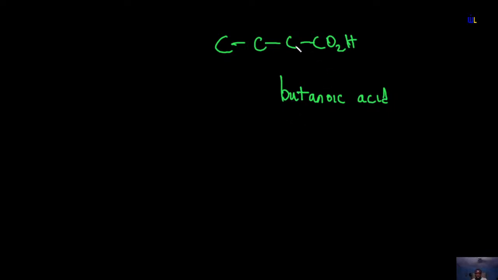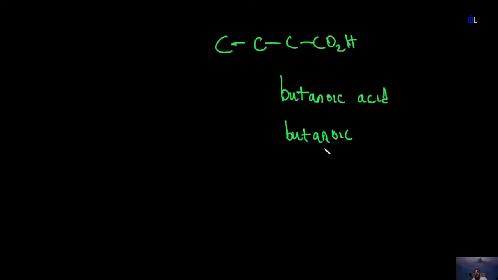Now let me say one or two things about what I did here. If you notice, between every one of these carbon atoms you have single bonds. That is exactly why I refer to this as but. It's supposed to be butane. But because of this COOH now, the E is going to be replaced. You replace it with the actual name of the functional group. We said that once it is a carboxylic group, the suffix is going to be oic.